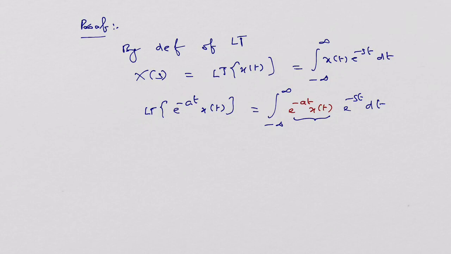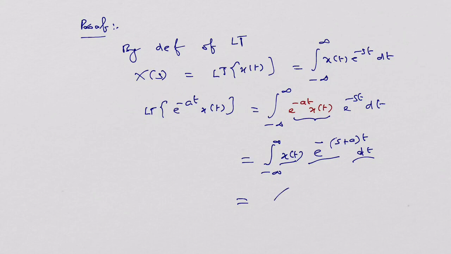When the terms are combined, we get the integral from minus infinity to plus infinity of x of t into e power minus of s plus a into t dt. The answer is so simple. When compared with the formula, the integral of x of t e power minus st dt is represented as X of s.